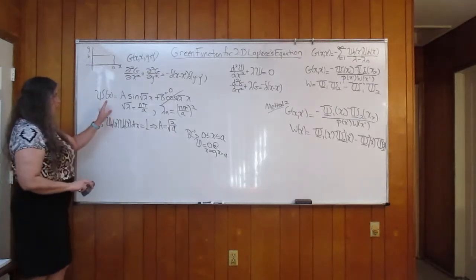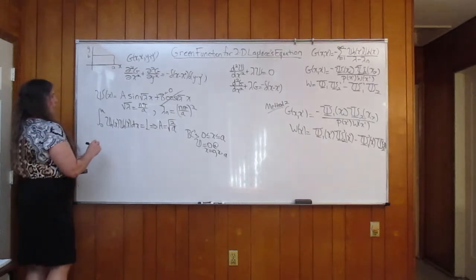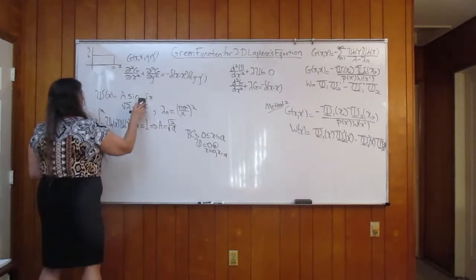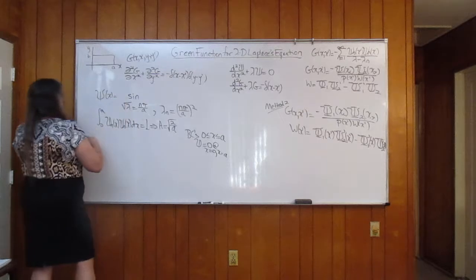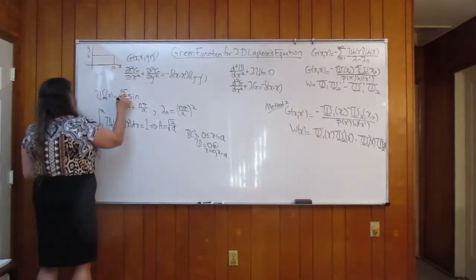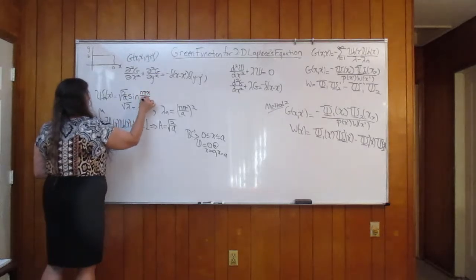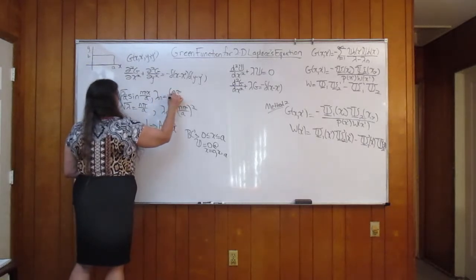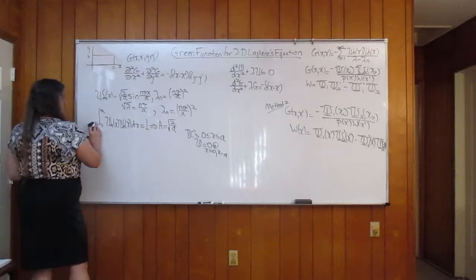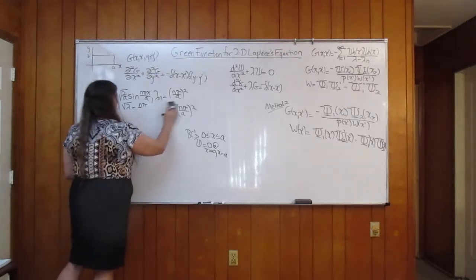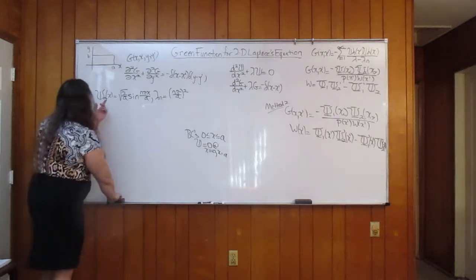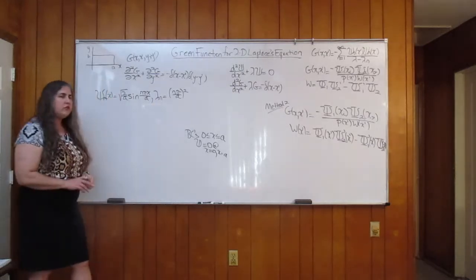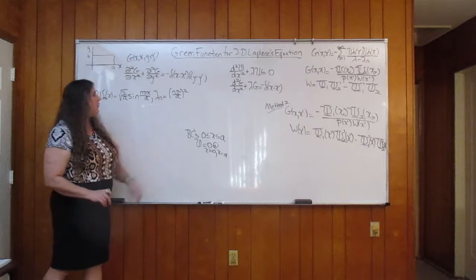So I'll leave this up here just for a minute before I erase it. Therefore, my eigenfunctions are going to be square root of 2 over a, sine n pi x over a, and then the corresponding eigenvalues are going to be lambda n, equal to n pi over a squared.